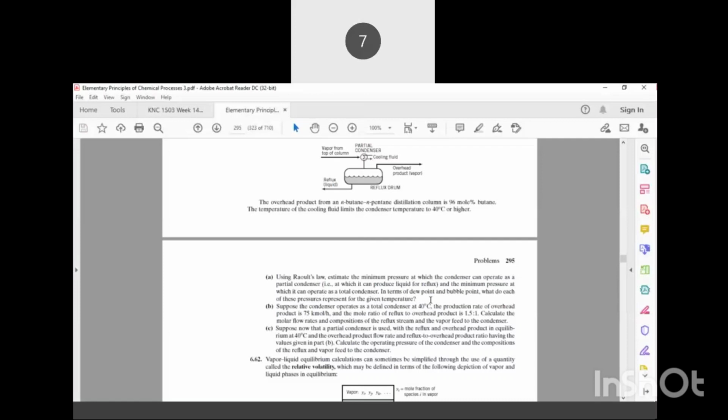Yeah. The same goes for the bubble point. The bubble point pressure means that when the liquid is heated slowly at constant temperature, the pressure at which the first vapor bubble forms is the bubble point pressure.